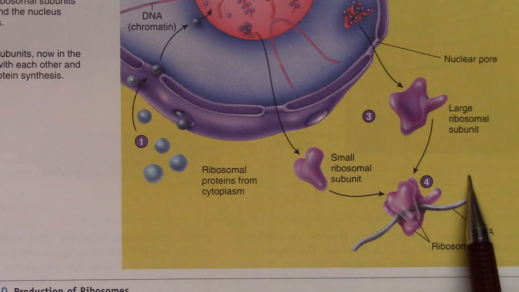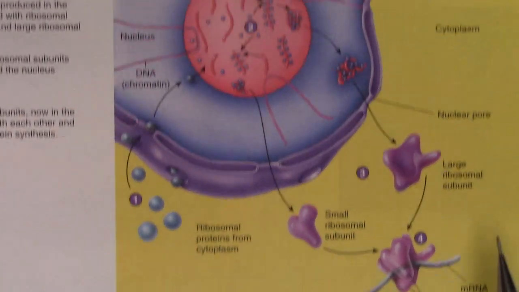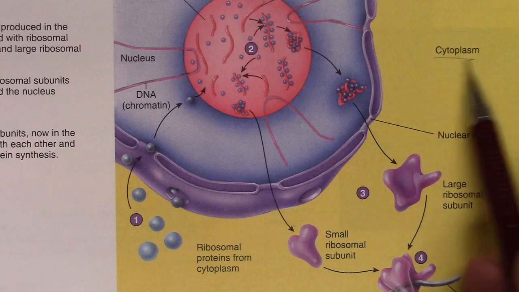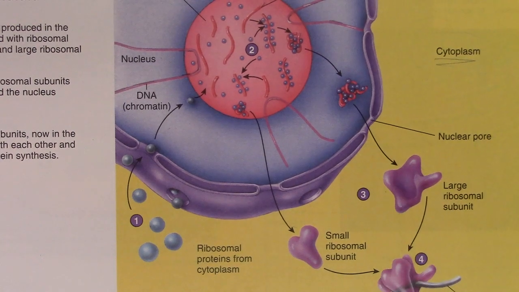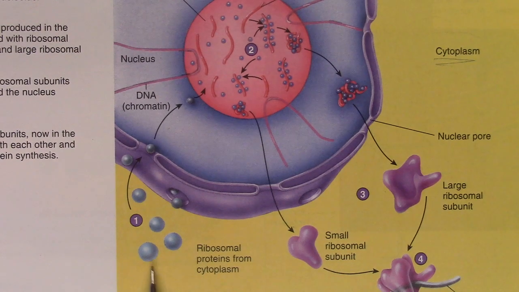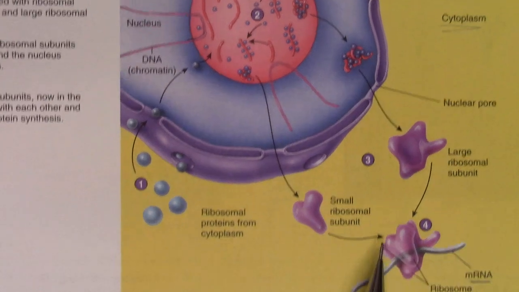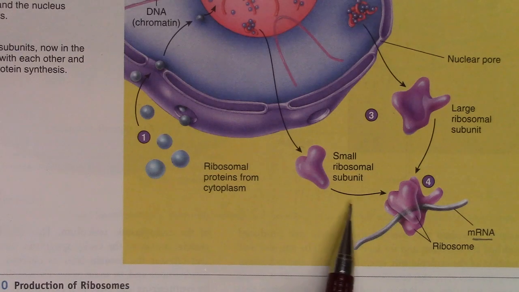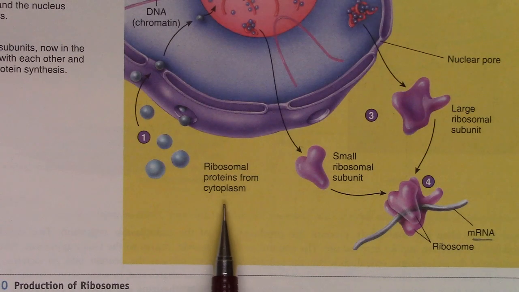This one is floating out in the cytoplasm of the cell. These ribosomes are not bound to the ER. They're free floating in the cytoplasm. The proteins that they make will stay in the cytoplasm. They're not going to be exported out of the cell. Whatever the proteins are that are made, they'll stay inside the cell and do whatever they're supposed to do.